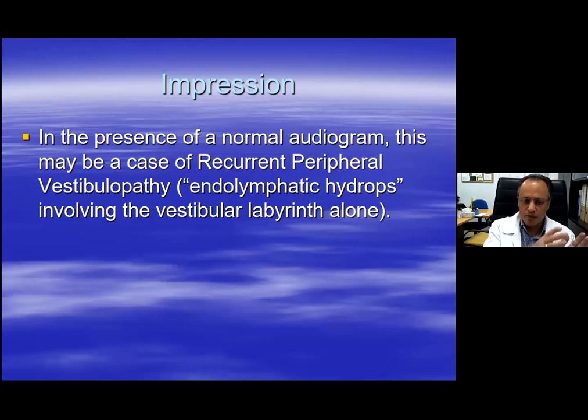possibility, recurrent peripheral vestibulopathy, or, if one can avoid using the term endolymphatic hydrops, at least a pathophysiological involvement that may be similar to Meniere's disease, but involving only the vestibular labyrinth. And with regards to my patients, I see many such cases of frequency tuning where the pure tone audiometry is normal.